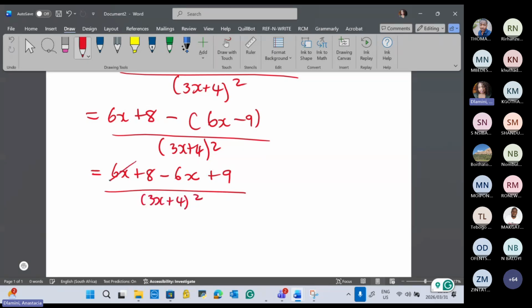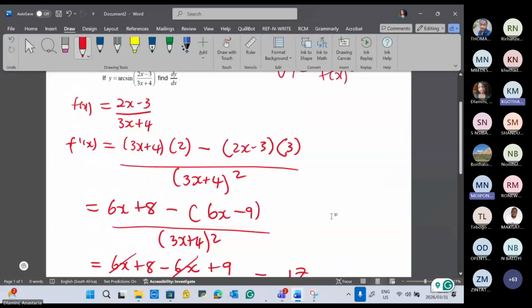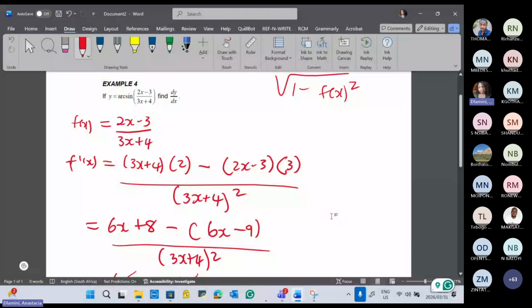This 6x and this, they cancel. That's the proper term because they remove each other. And then 8 plus 9 is 17 over (3x plus 4) squared. Are we together there? Yes, ma'am. So meaning we found this one.